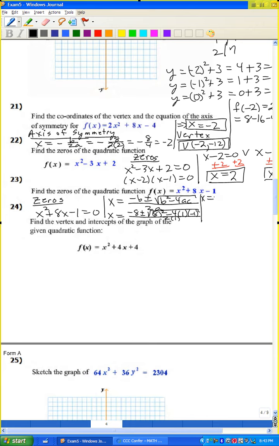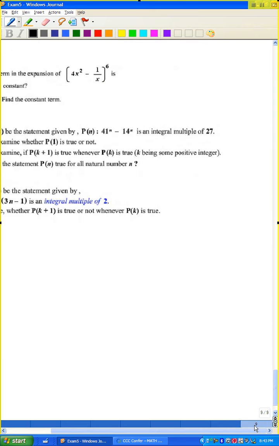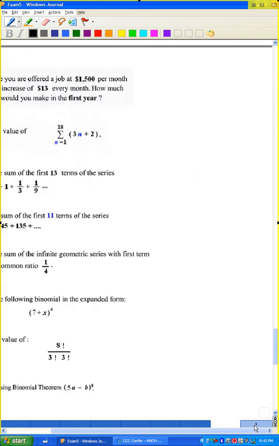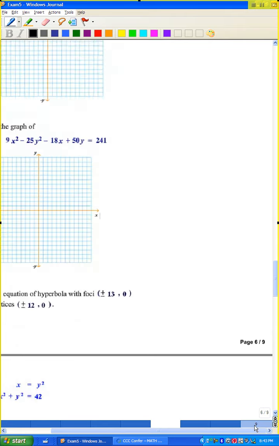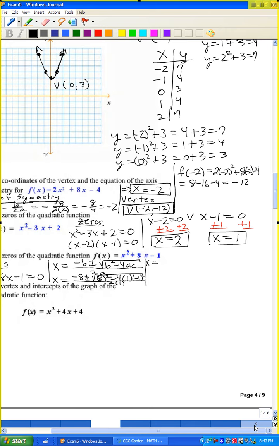So x is equal to negative 8 plus or minus the square root of 64 plus 4 over 2, negative 8 plus or minus the square root of 68 over 2.